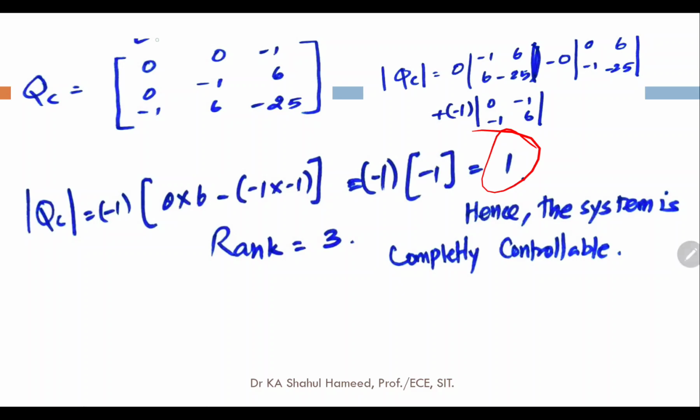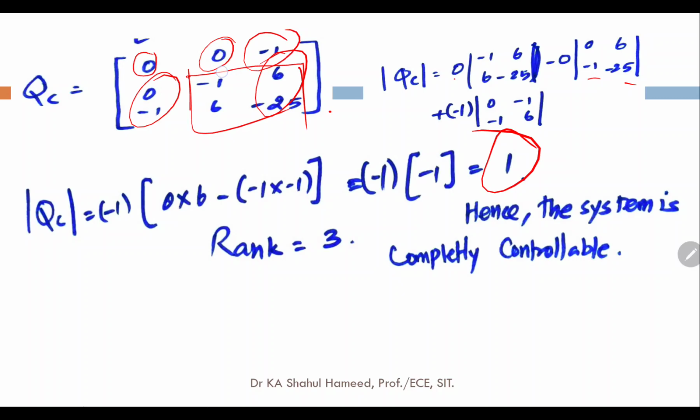First this element multiplied, that is 0 into the minor components, minus 1 times 6 minus 25 minus 0 into this one, that is 0 minus 1 times 6 into minus 25, plus minus 1 into these elements cross the matrix, that is 0 minus 1 minus 1 6. So these two terms become 0 and the third one is minus 1, this one we have to find out.